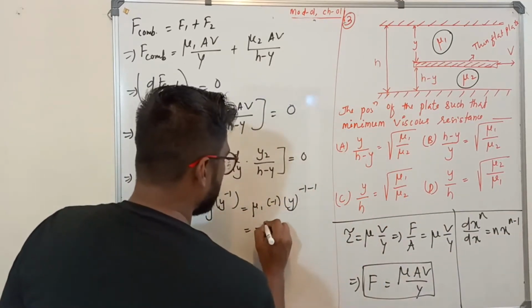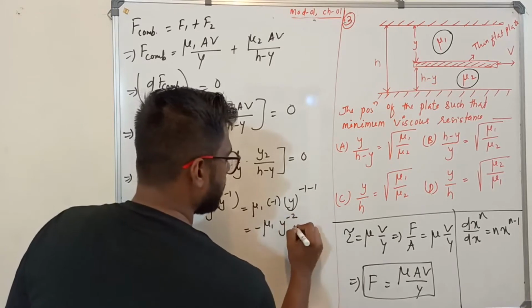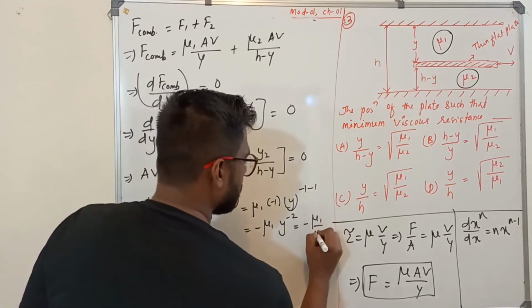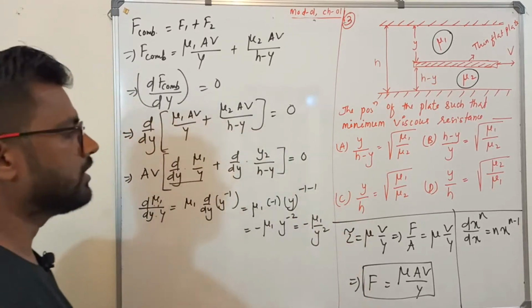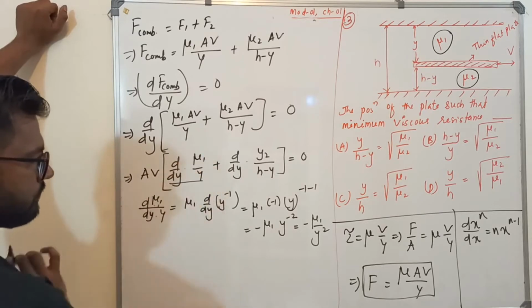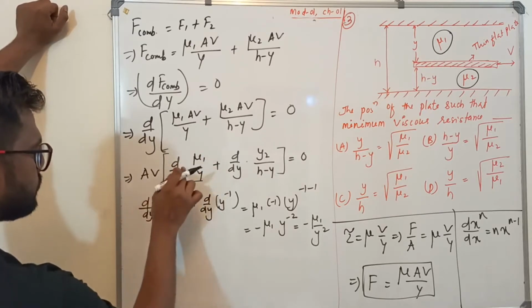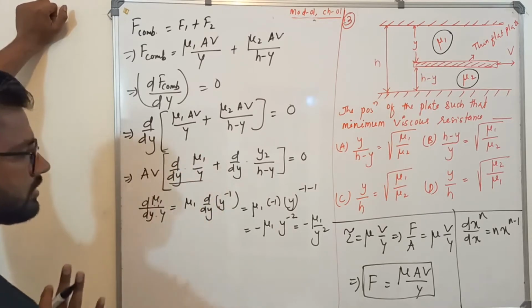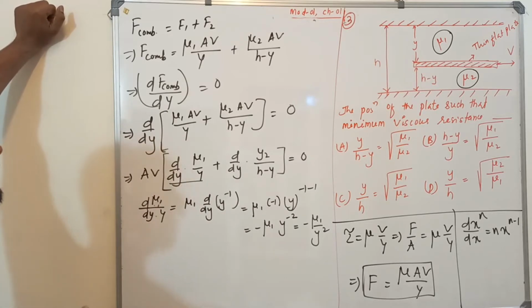So what you got? Minus mu1 y to the power minus 2, that is minus mu1 by y square. That's what you got for d by dy of mu1 by y. Understood?